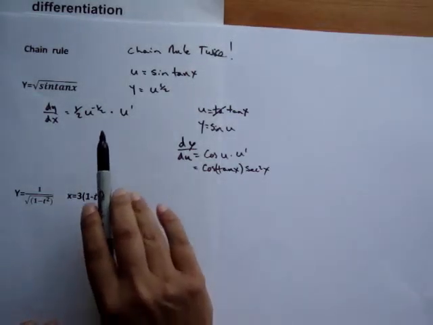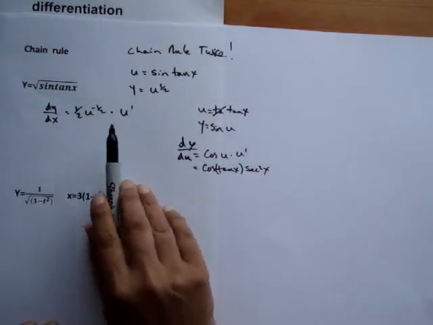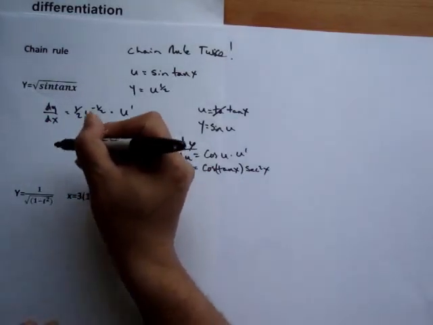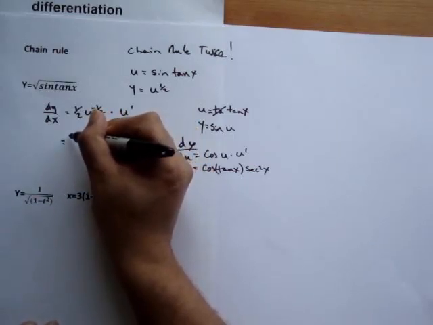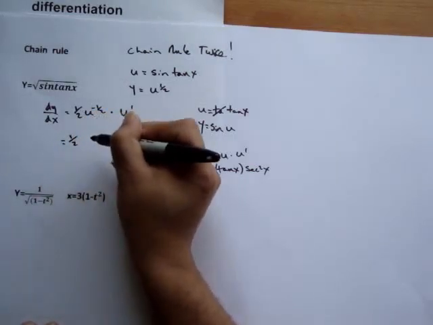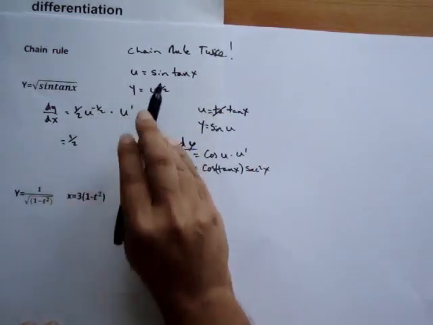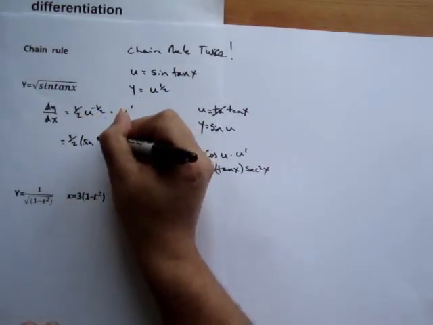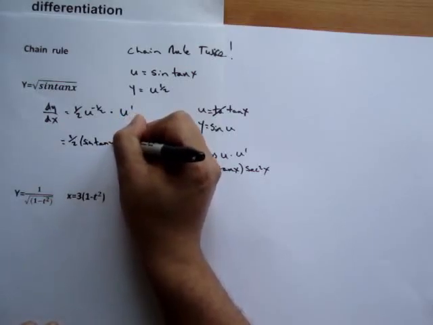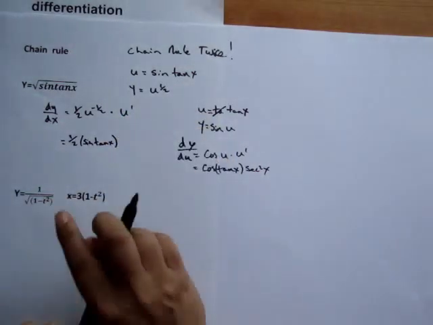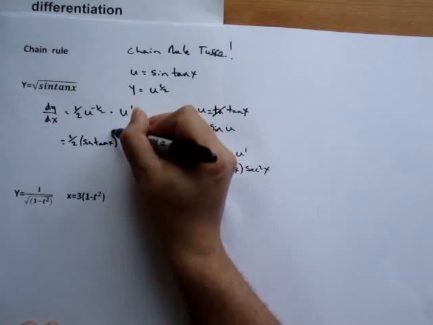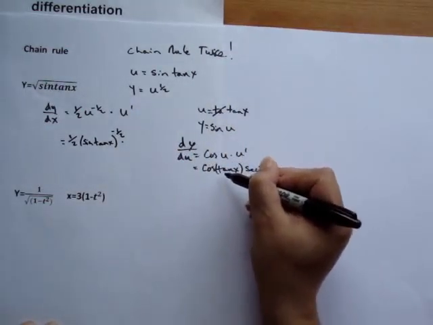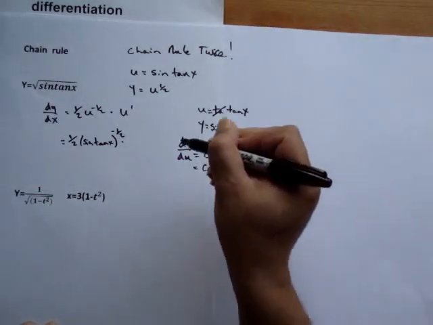So now we know this u prime, so we can go back and replace our u's in here. So this becomes a half, and our original u was sine tan x, multiplied by u prime, which is cos tan x sec squared x.